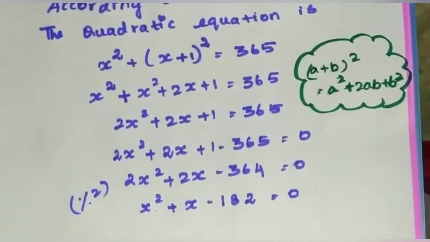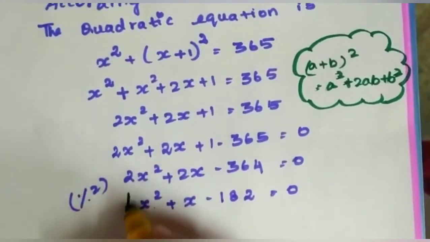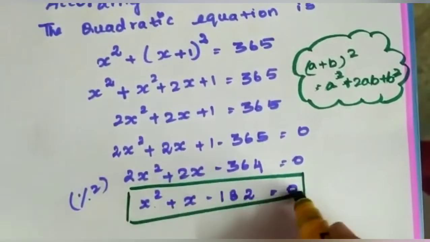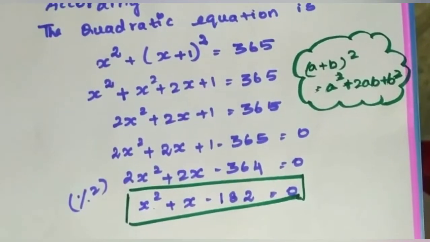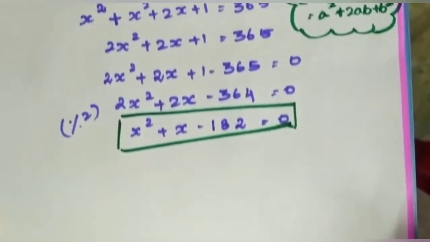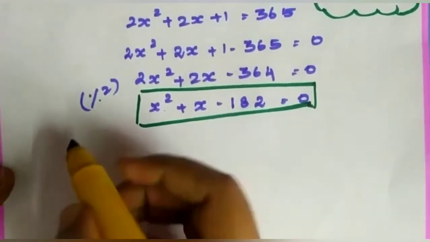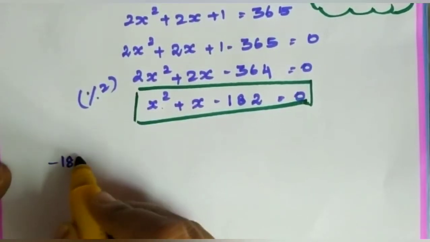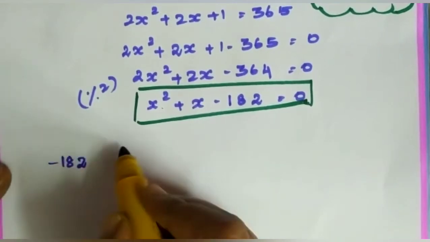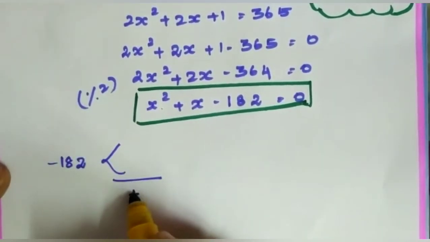So we got a quadratic equation: x square plus x minus 182 is equal to 0. Now you have to factorize this one. Minus 182 and plus 1.